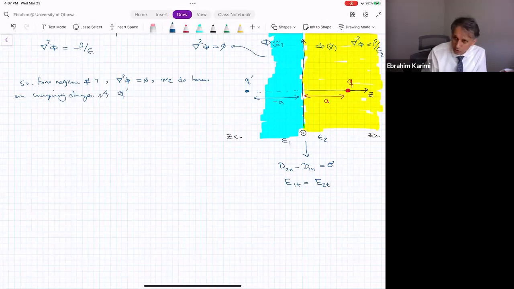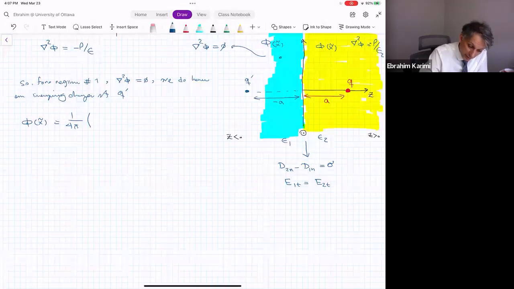As we just saw, the potential due to both charges is 1 divided by 4 pi epsilon. Then at any given place of this point, let's call it x, which is here.